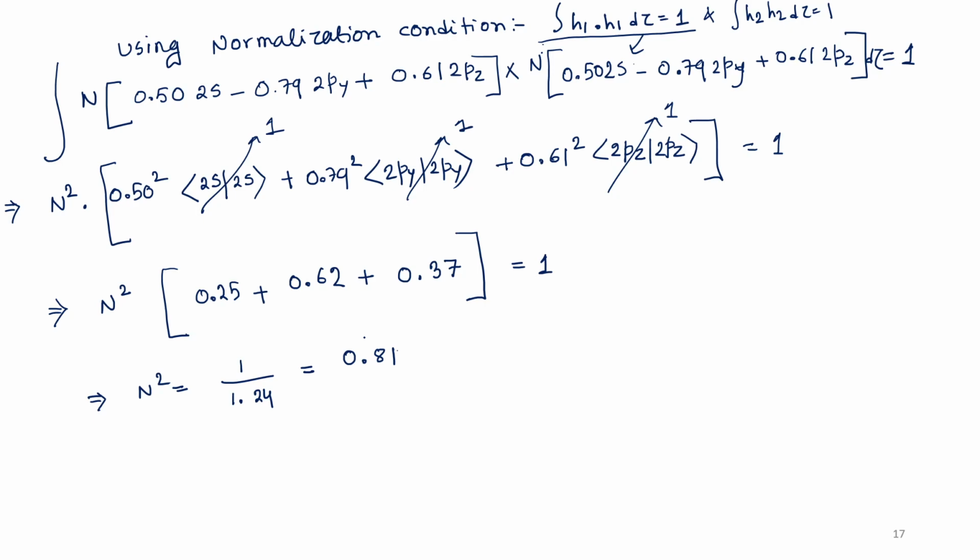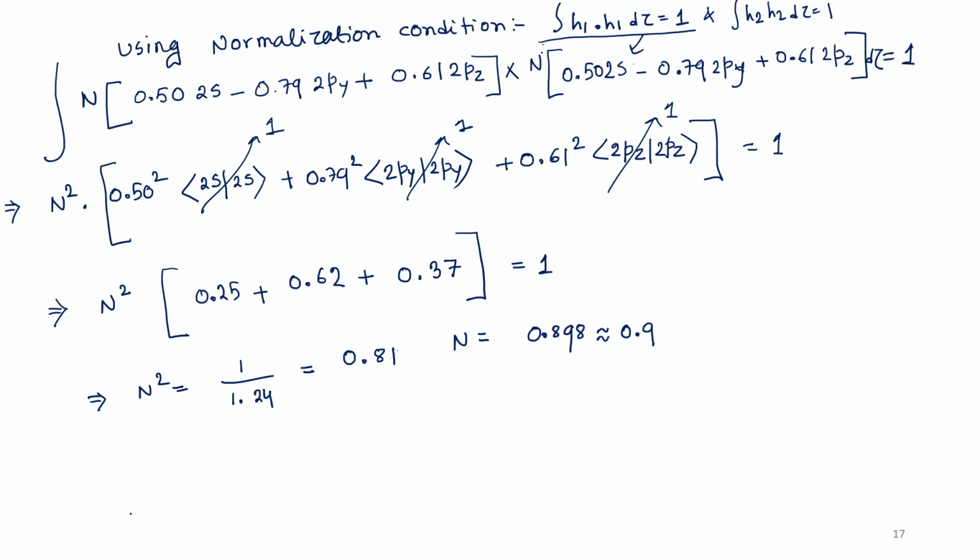So your n is going to be the square root of this, 0.898, which is actually 0.9, you can say, right?